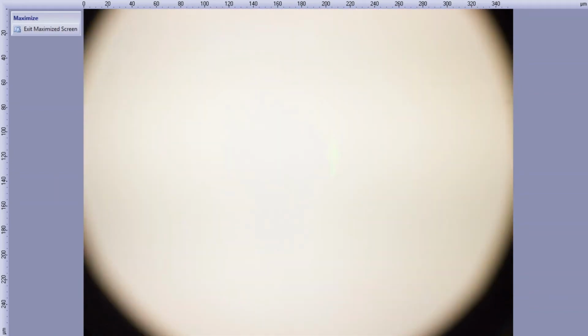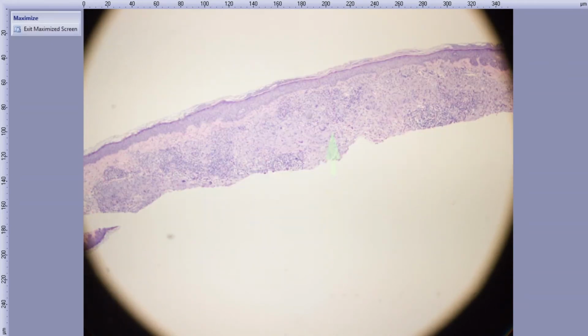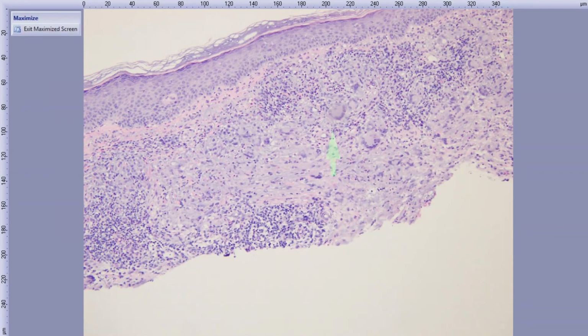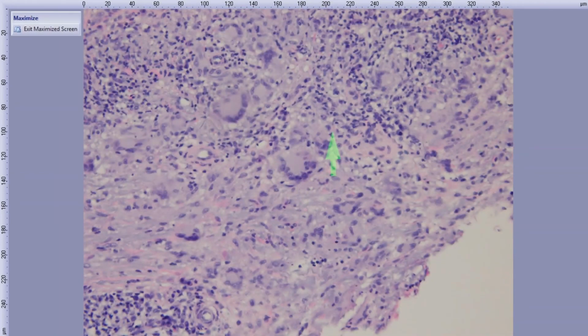So go back to the case that we did as an unknown, and you might get that feel on low power, though we'll say it's shaved so you can't really tell.